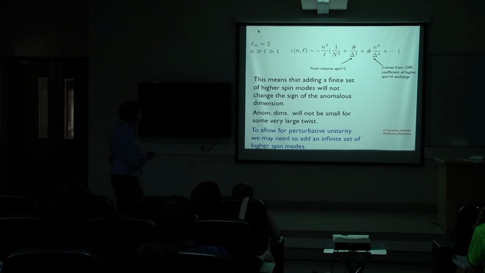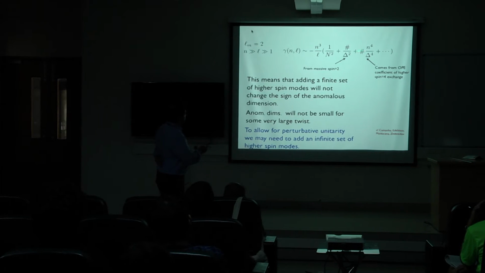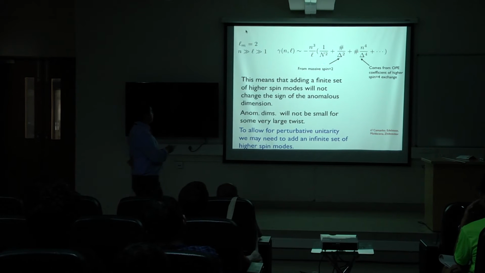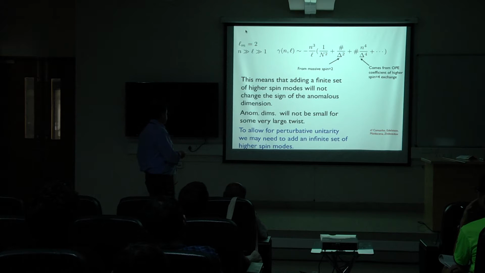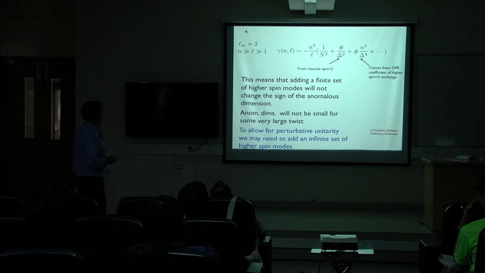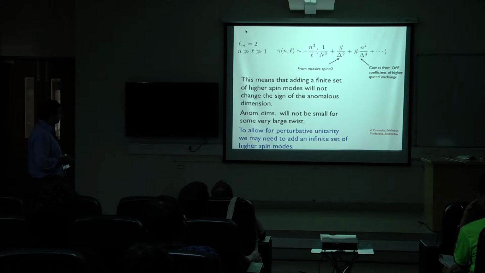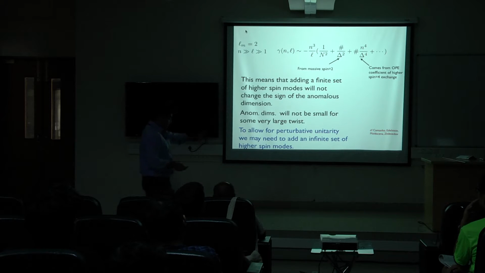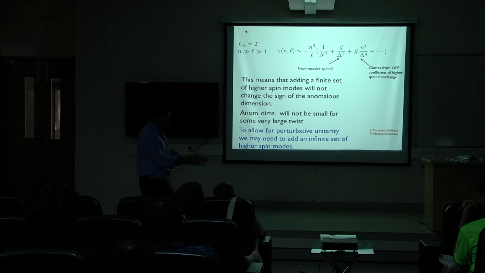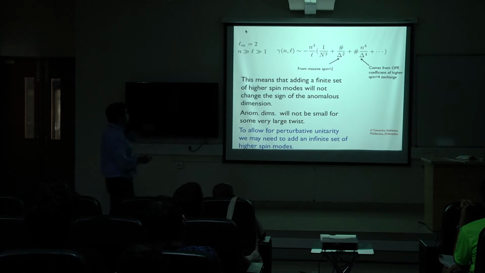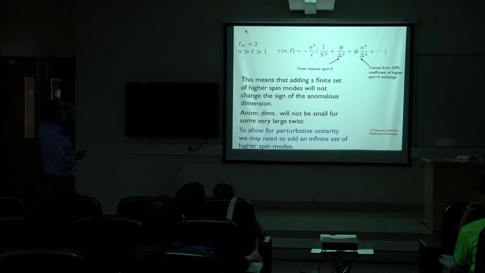And the answer, in schematic form, is that it appears it is not going to be possible by just retaining a few extra states on the left-hand side. Rather, it appears that you will need to take into account all the spins, all the higher spin objects. So this delta that I've written here is some unknown OPE coefficient, some unknown thing that tells us that the OPE coefficient for the higher spin exchanges falls off in a certain way.